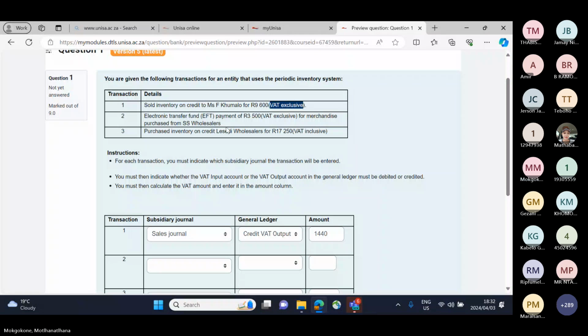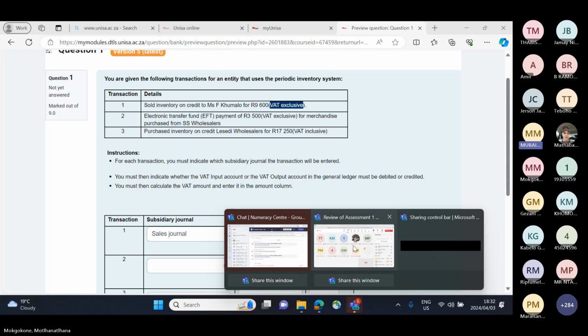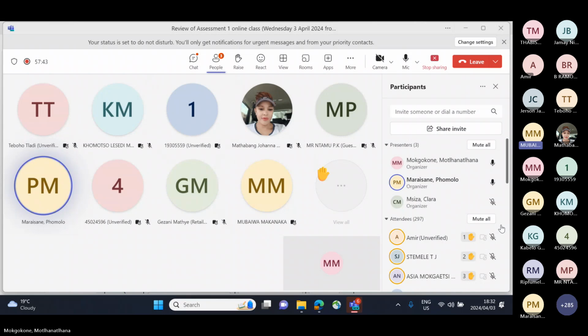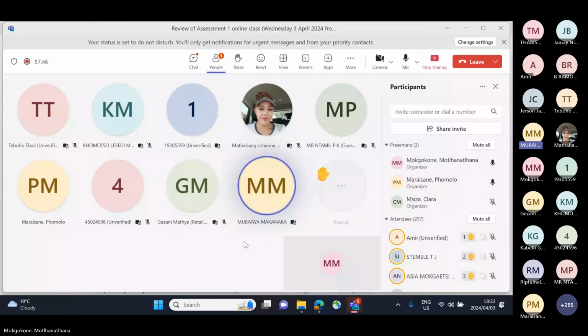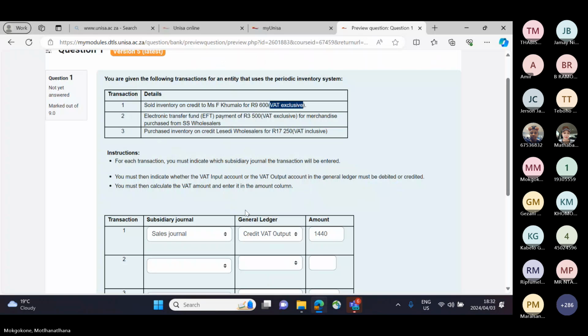Can you mute them all? Okay, let me mute them all. Making all the changes, let it be better this time. I thought I was doing good with the changes.